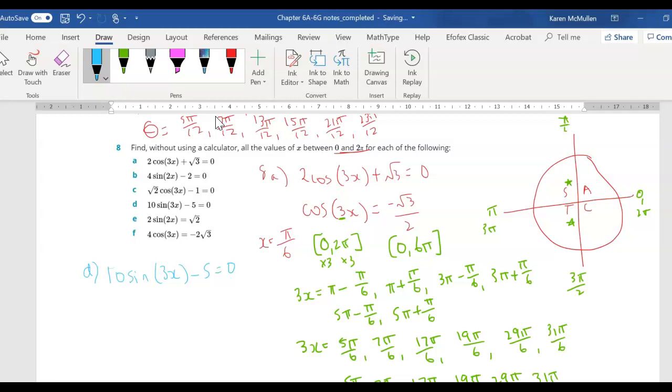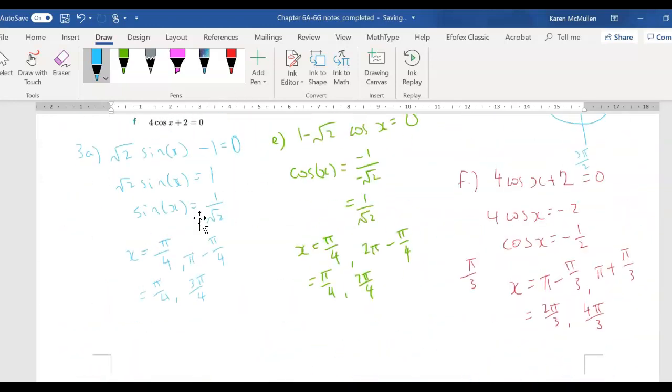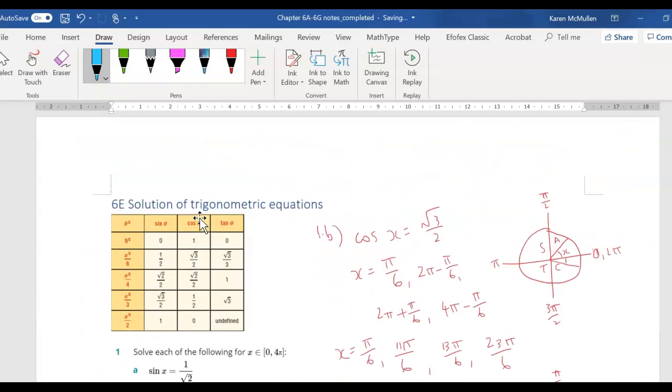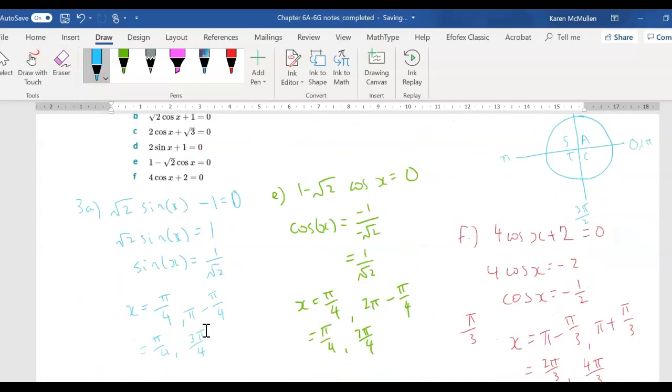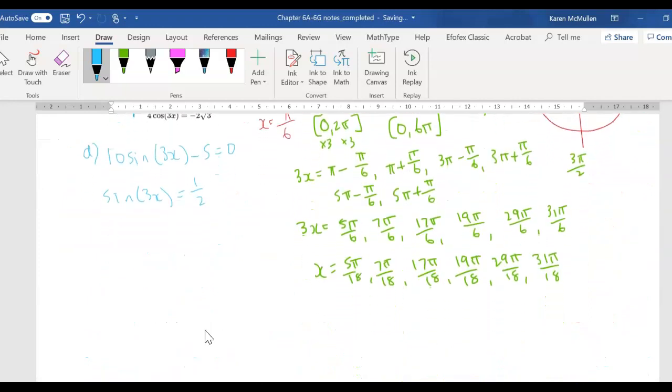Okay, so let's get sine on its own. So sine 3x. The 5 comes over as positive 5 divided by 10, which is going to give you a half. So going up here, I think it's going to be pi on 6 from memory. Let's just double check. Good. So pi on 6, and it's going to be positive.